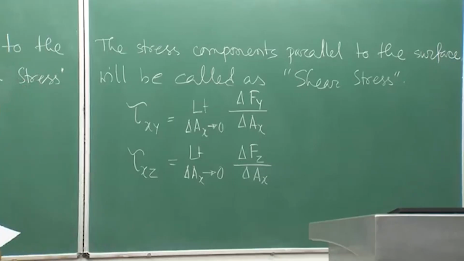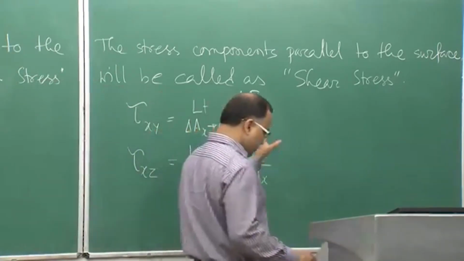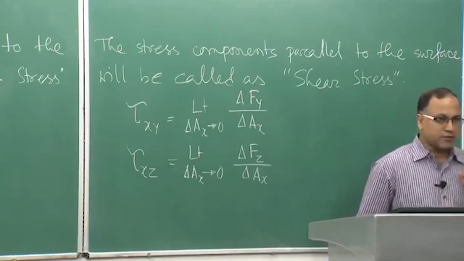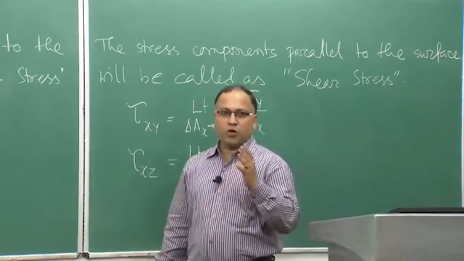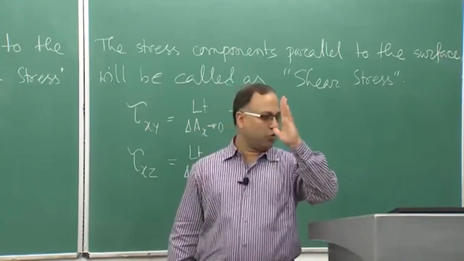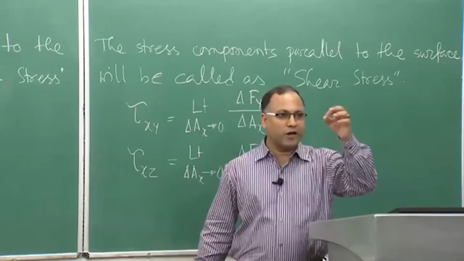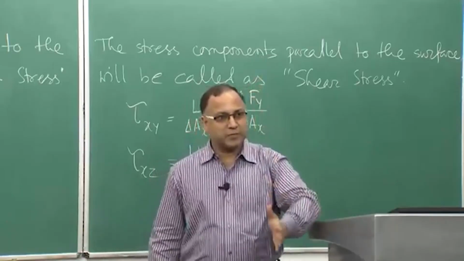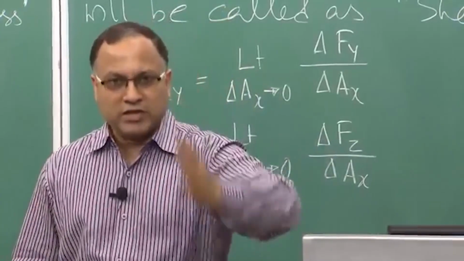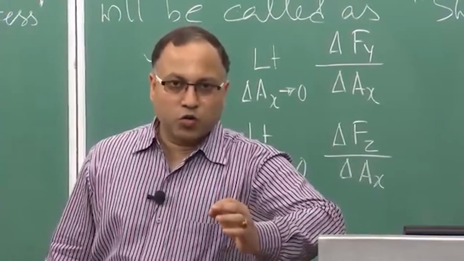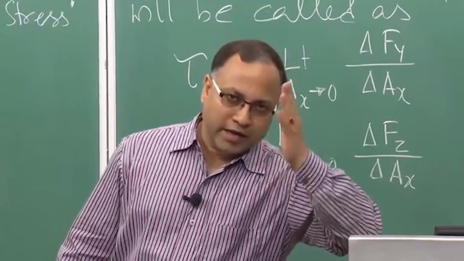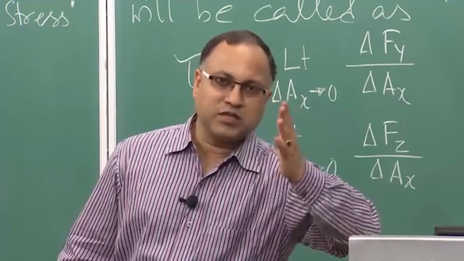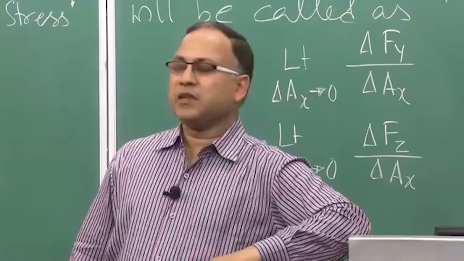So, what you have got from this discussion is that, through the point O, I have drawn one x plane, right. We started with that. Through a point O, we had drawn a plane which is nothing but the positive x plane.